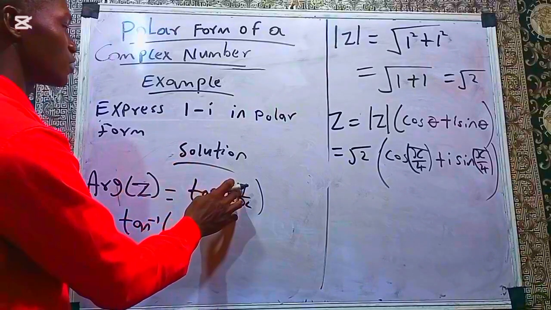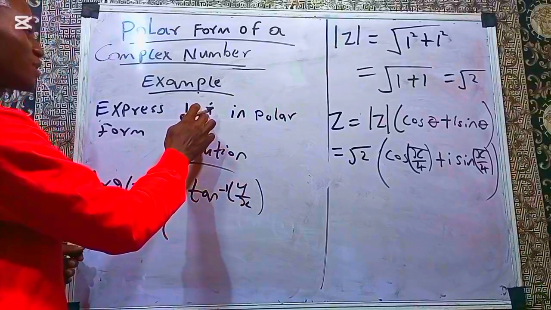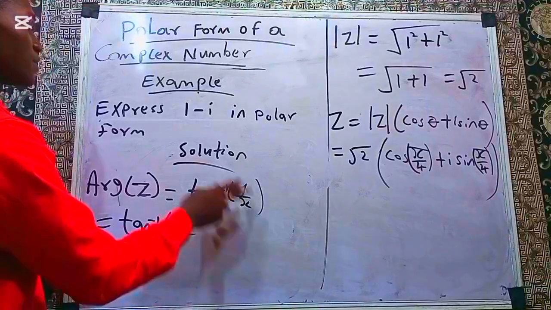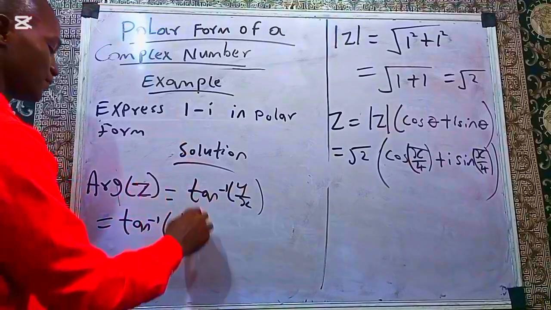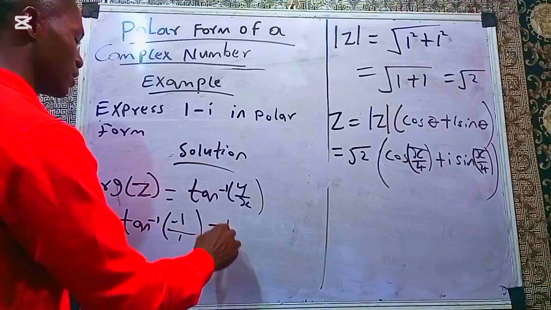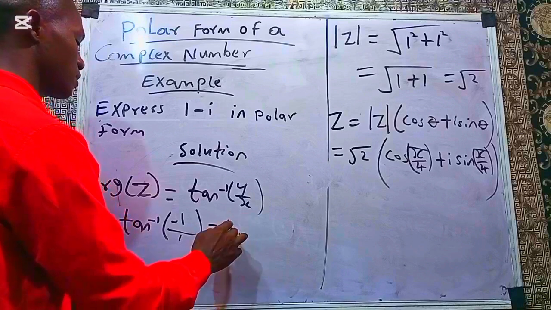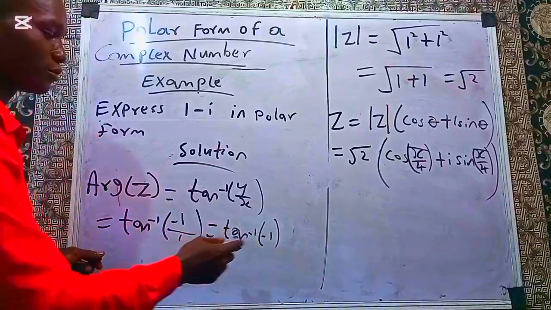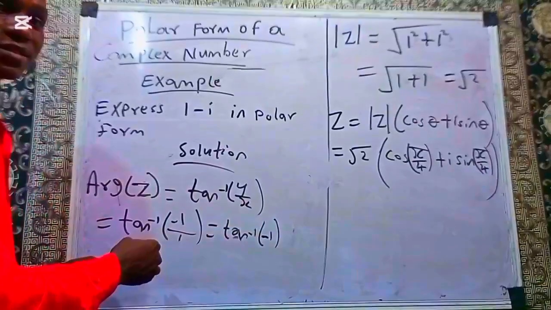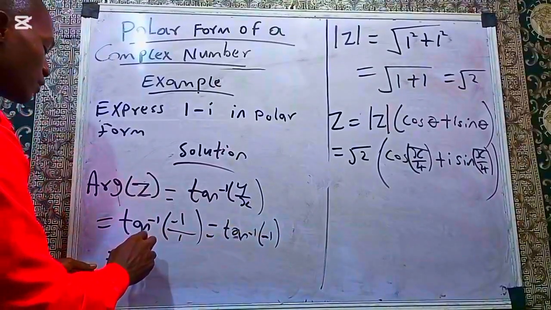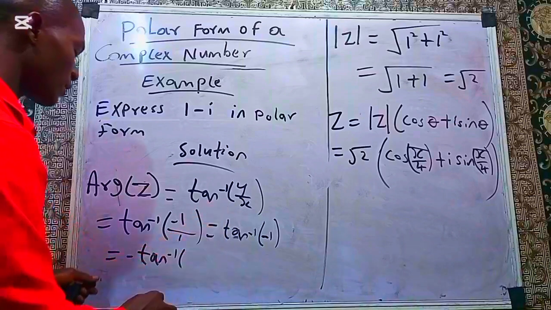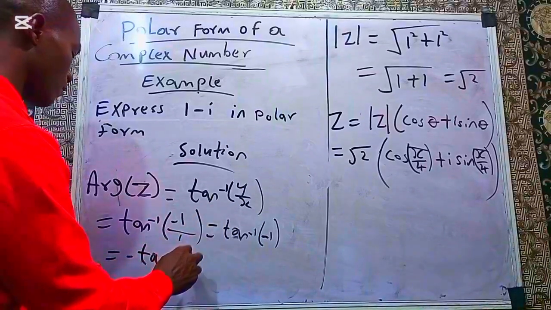So y is the coefficient of i, the imaginary part. What is the coefficient of i here? Negative 1. x is positive 1. And this will be tan inverse of minus 1. You can bring the minus out, so this will be minus tan inverse of 1.